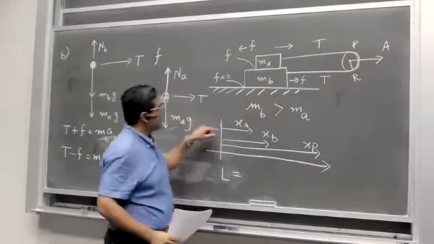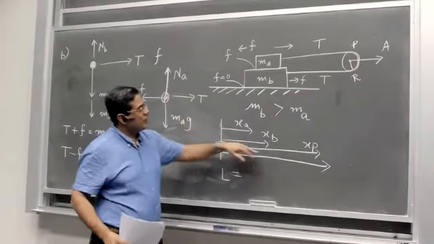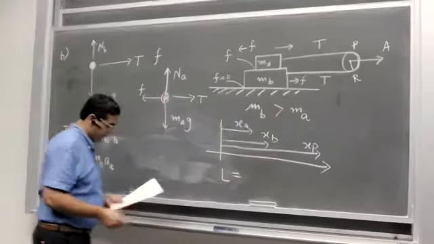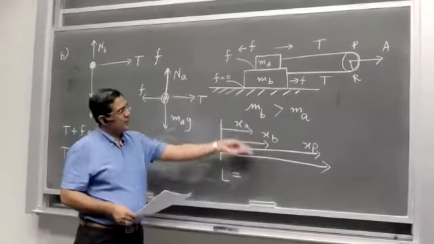Okay, the x coordinate of block A, the x coordinate of block B, and the x coordinate of the pulley. So what would be length in terms of these quantities? x_A plus x_B plus R, or 2 pi R.